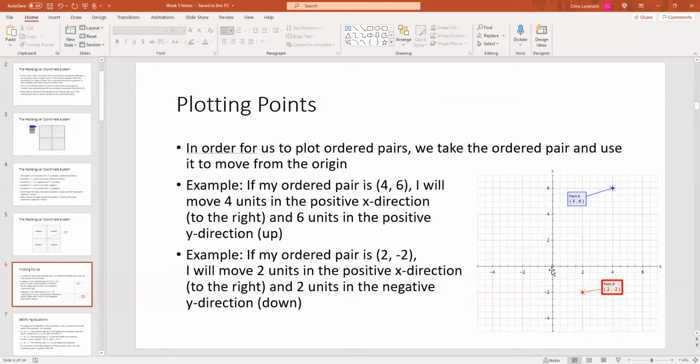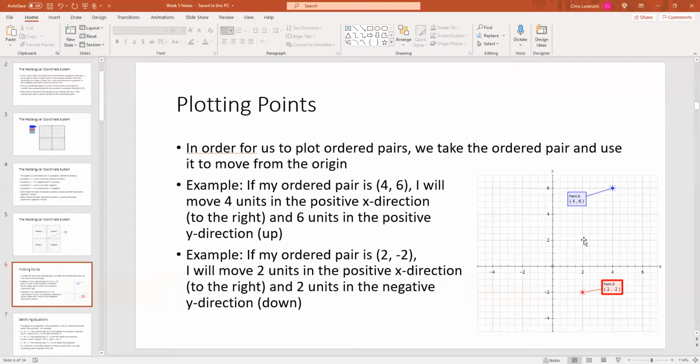I'm going to move 4 units in the positive x direction, which is to the right. So I move over 4 units, and then I need to move plus 6 units, or 6 units up in the y direction. We do that, and we end up at this little blue point right here, and that's the point (4, 6).